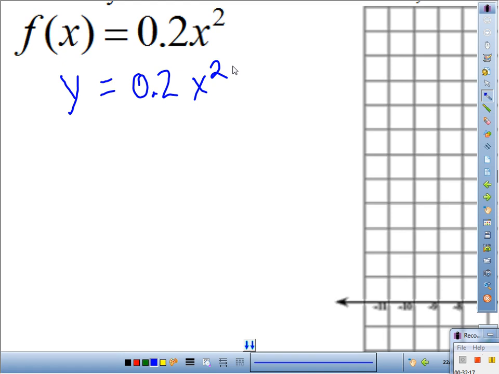Now check this out. The next step for the ones we just did right now should have been what? Square root. Is that correct? But that's if we had an invisible 1 here. What can I do to 0.2 to make this an invisible 1? Tell your neighbor.